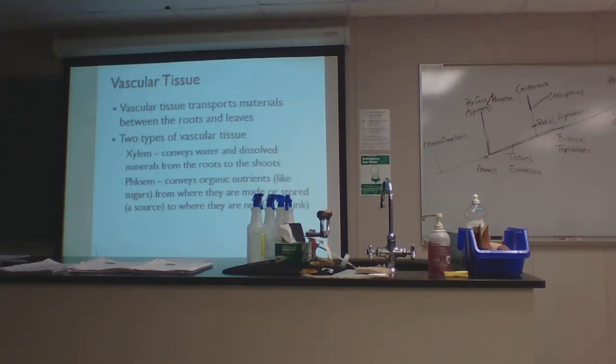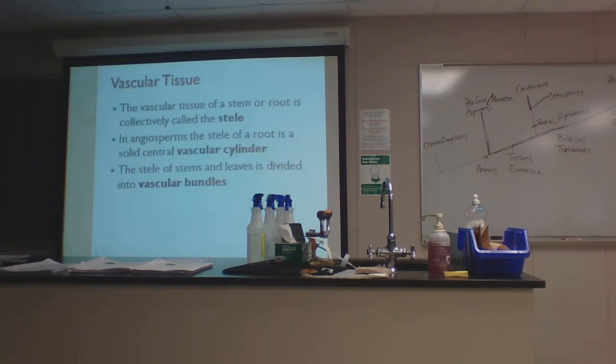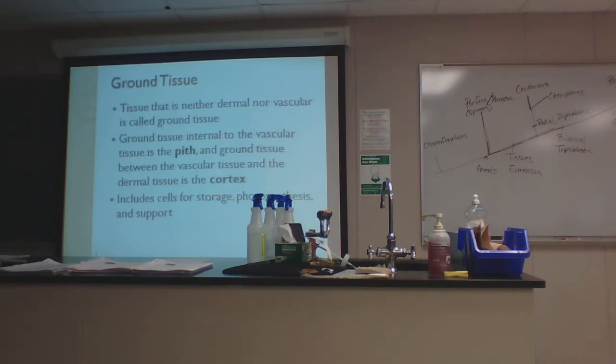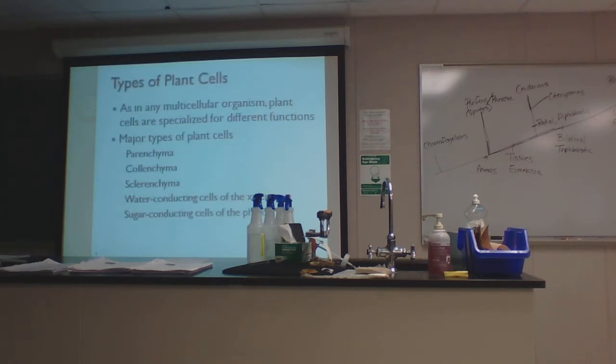Then we've got our vascular tissue, and actually the next chapter is all about vascular tissue, so we'll skip to that. Then you've got your ground tissue, which is your pith and your cortex. When we get to the lab test, you'll need to actually identify those things on the models over there.